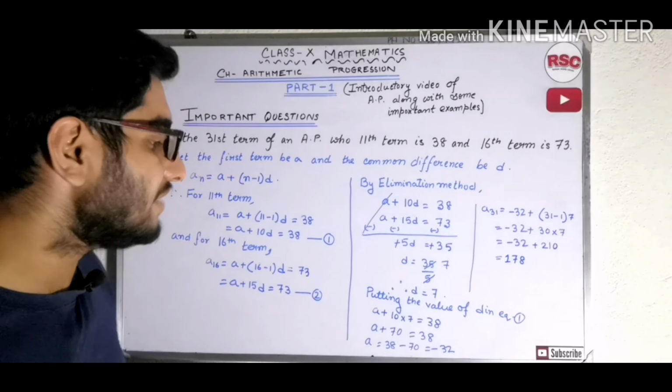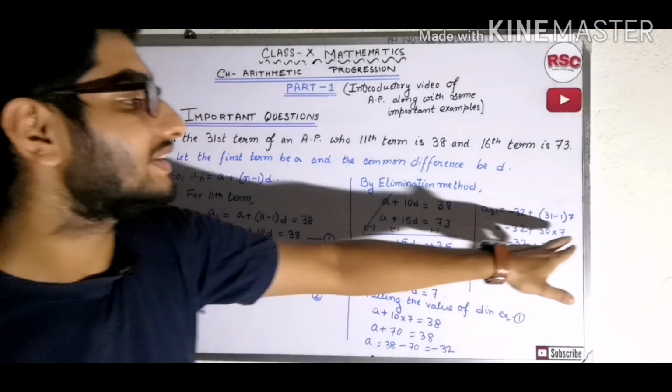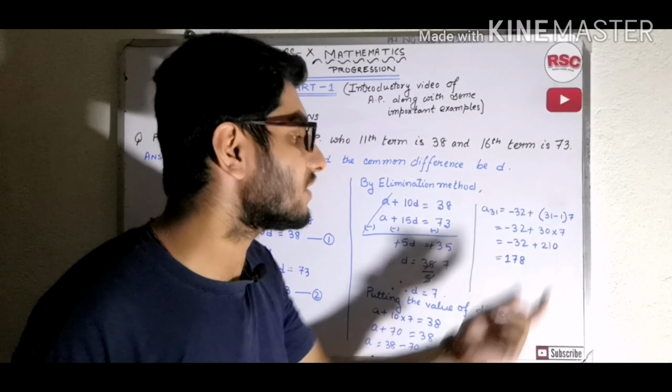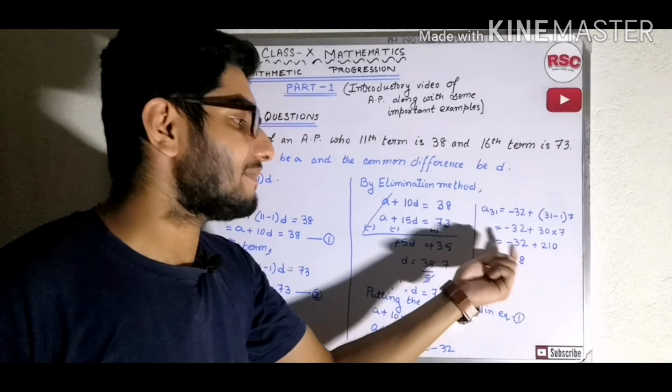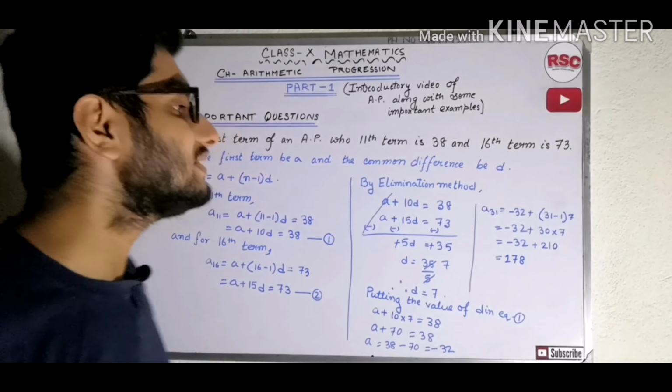What is the value of d? We found it to be 7, so I have taken d as 7 over here. So by our calculation it becomes 178: 30 into 7 is 210, and 210 minus 32 is 178, which is our ultimate solution.